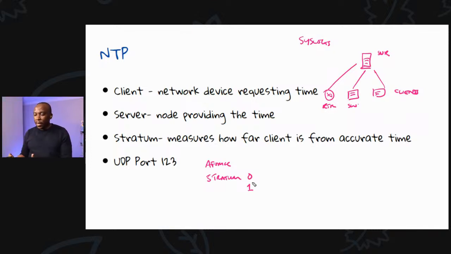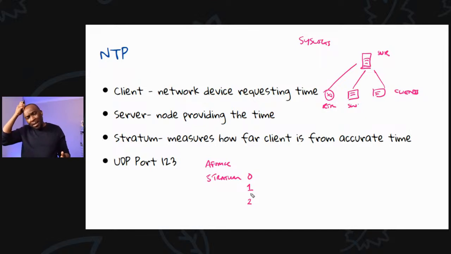So when you see the stratum value, it's basically just saying how far are you from the source of truth. So if your devices are connecting to a stratum 2 device, it basically just means that it has to talk to a level 1 and a level 1 talks to a level 0 in order to get the time. And the further you go from the source of truth, the more the time synchronization differs by milliseconds as you move further.